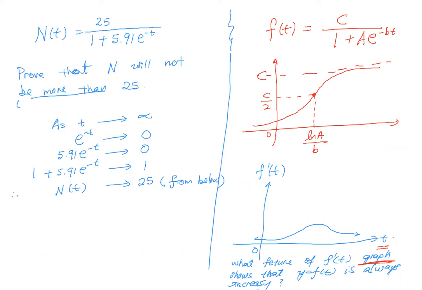Another thing I want to ask you is, do you know how to find n prime t algebraically for this one? What should I do with n(t)? Rewrite n(t) first before I can find n prime t.